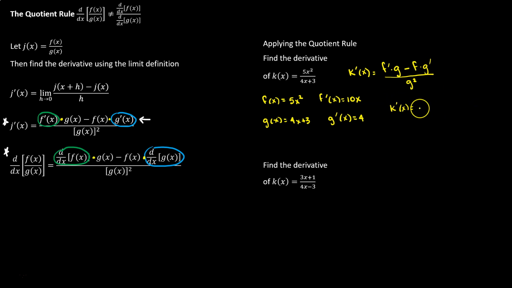For k prime, we need the derivative of f, which is 10x, times g, which we need parentheses for, 4x plus 3, minus the original f, which is 5x squared, times g prime, which is 4. That's our numerator. The denominator would be over the original g function after we've squared it.